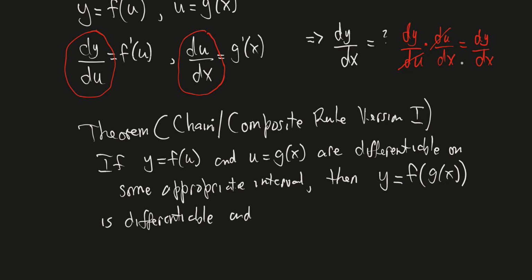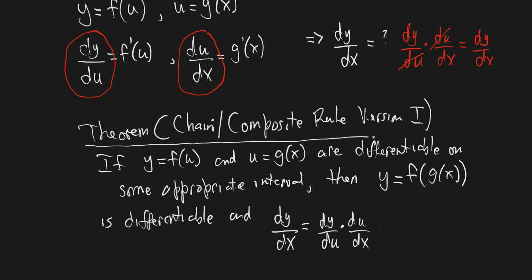We're going to take this approach and say that dy dx of this function can be written as the product of this derivative, dy du, and the derivative of this function, I should say, du dx. And that's what the theorem looks like.